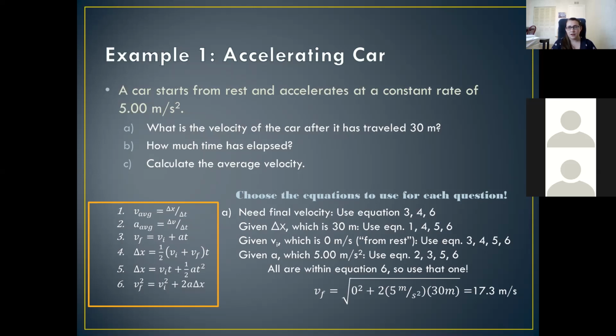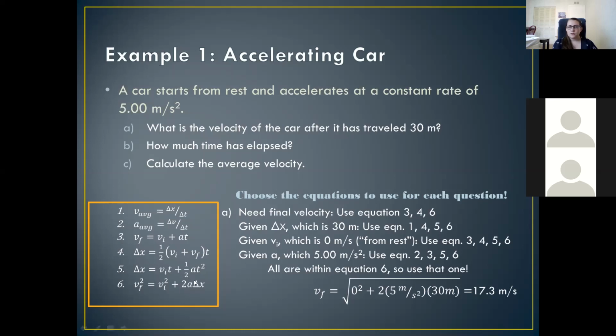Anytime you see from rest, your initial velocity is 0. Okay, and we see initial velocity show up in equations 3, 4, 5, and 6. So any of those could be helpful. We're also given the acceleration of 5 meters per second squared. And acceleration appears in equations 2, 3, 5, and 6.